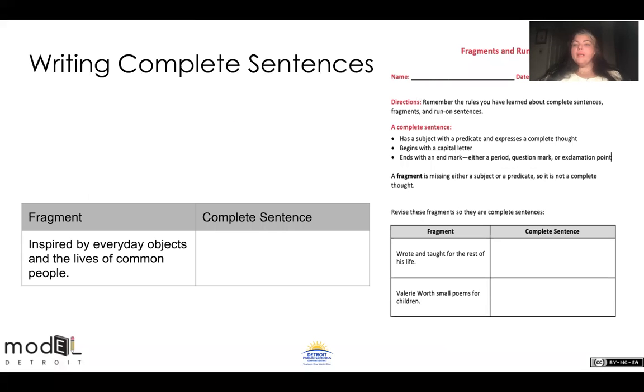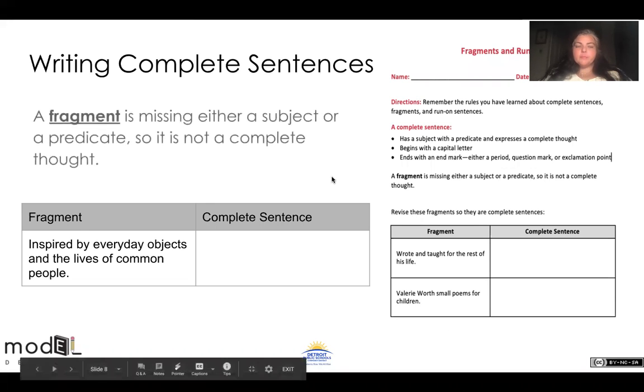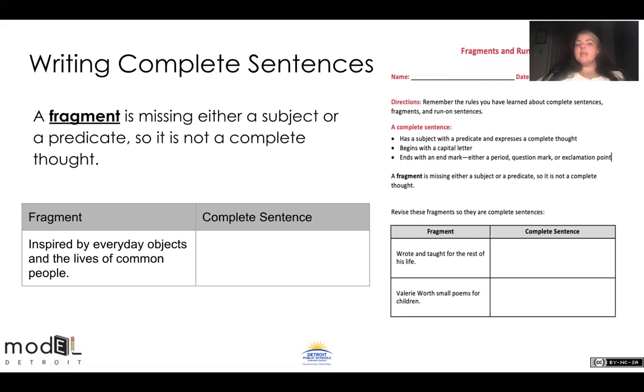So with writing a complete sentence, a fragment is missing either a subject or a predicate, so it is not a complete thought. Here is an example of a fragment. Inspired by everyday objects and the lives of common people.